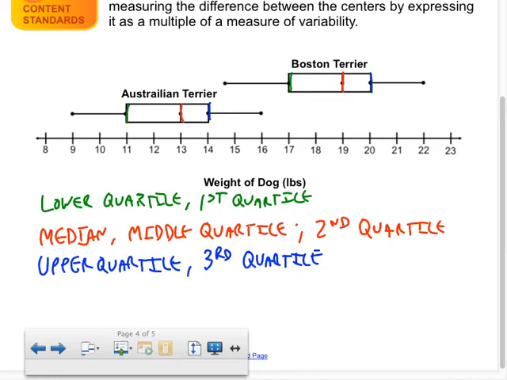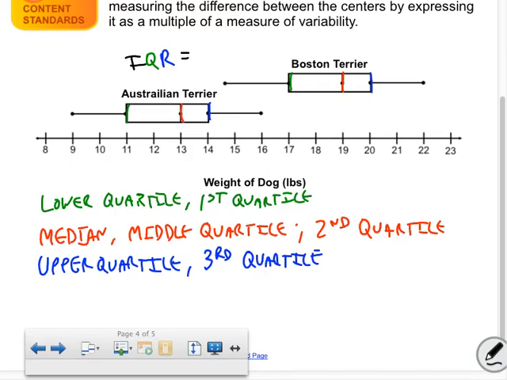But what is the IQR for the first box? You should be able to mentally calculate that. I want to know the width of the box. How wide is the box? This one's even easier than the one I did on the last slide.